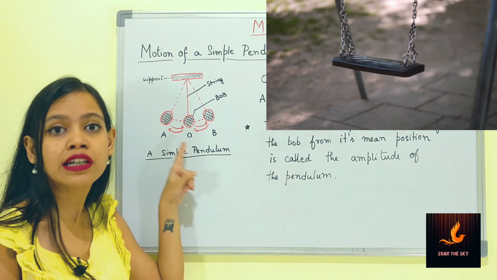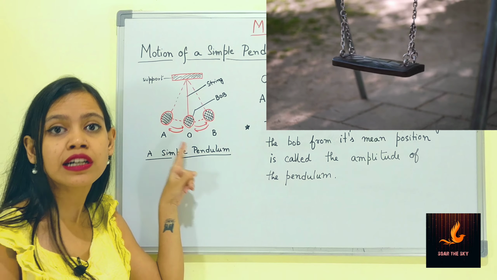The number of oscillations that a pendulum makes in 1 second is called its frequency. So the number of oscillations made by the pendulum in 1 second is called its frequency. It is denoted by the letter small f.